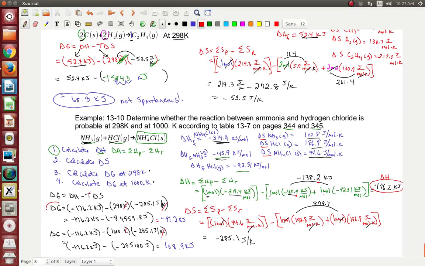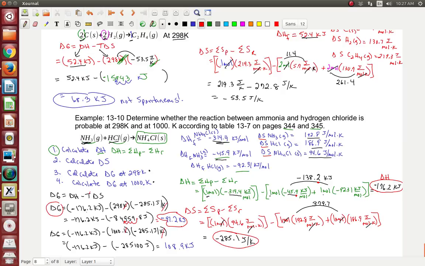Here's the first delta G. We multiplied the delta H, which we calculated over here, and we subtracted 298 kelvins times the delta S, which we calculated right down here. There's that delta S. By the time I adjusted for joules to kilojoules, so divide by 1,000, and then when you subtract a negative, you're adding a positive. I ended up with a negative 91.2 kilojoules, which is spontaneous.